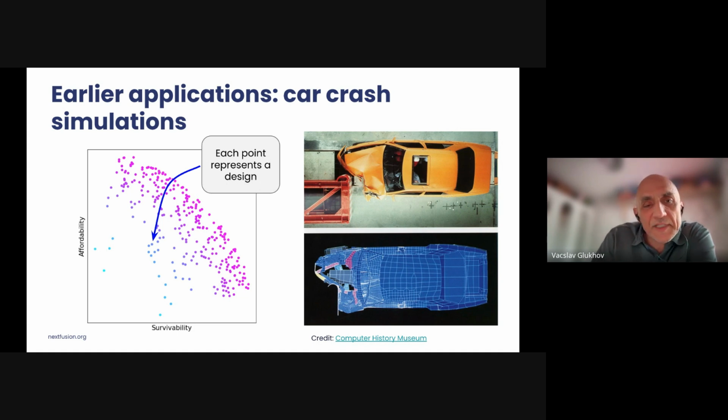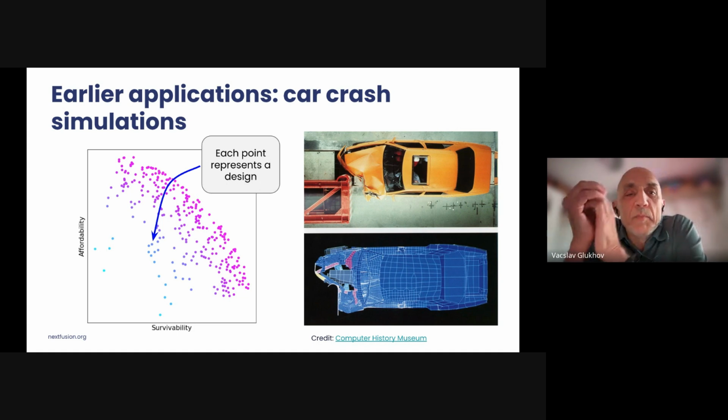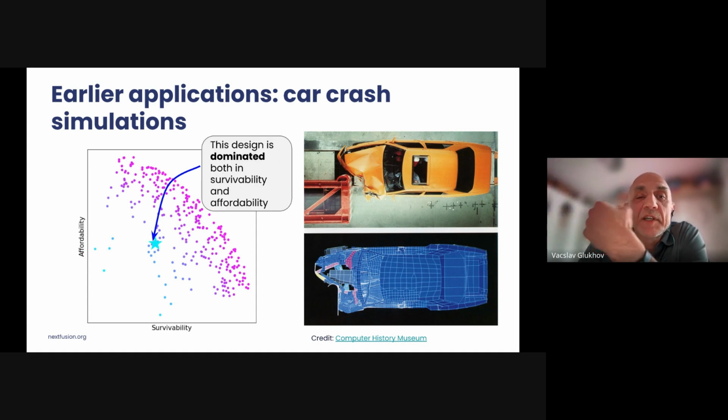So this particular design, this blue dot, is not very good from the multi-objective perspective, because you can see there are other designs that are better than this particular design in both dimensions. The terminology in multi-objective optimization is that this design is dominated by other designs.